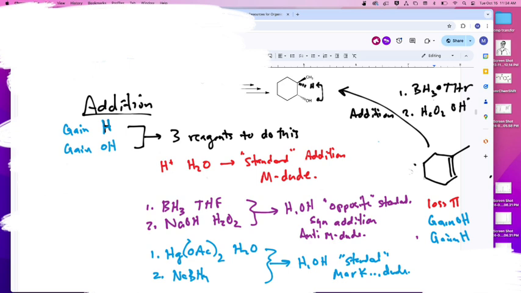It adds H and OH, standard Markovnikov. Where does the H and the OH go? Are we concerned about stereochemistry? Right? And if we didn't remember that one, that would be fair. We may not know. Well, doesn't that make it where it's opposite stereochemistry? This one becomes kind of strange. It adds as a giant mix. Depending on which stage of the reaction you're at, you're going to get a mix, which ultimately means when you look at the product, the H and the OH go everywhere.